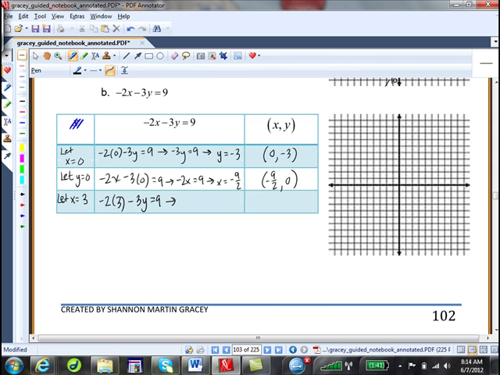We'll have negative 6 minus 3y equals 9. So then when I add 6 to both sides, I'll get negative 3y is equal to 15. So then we'll have y is equal to negative 5. So we end up for our checkpoint with the ordered pair 3, negative 5. So here is all of our stuff matched up.